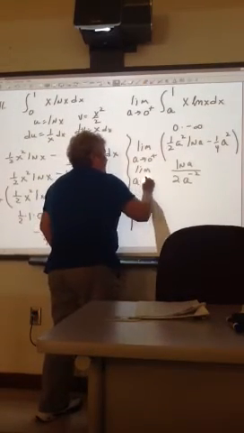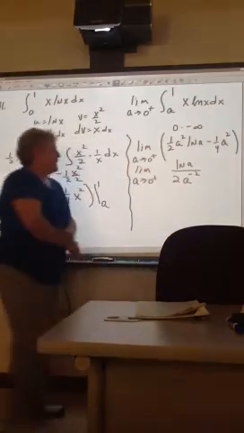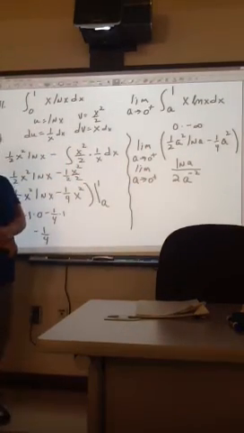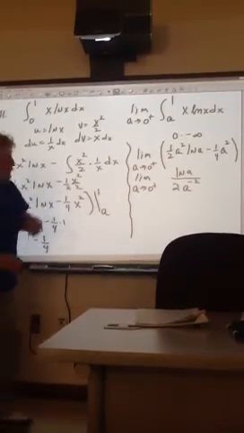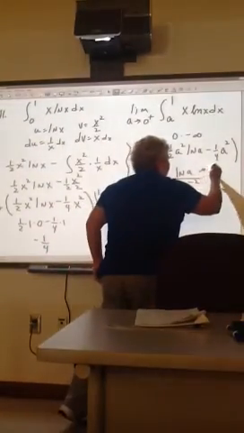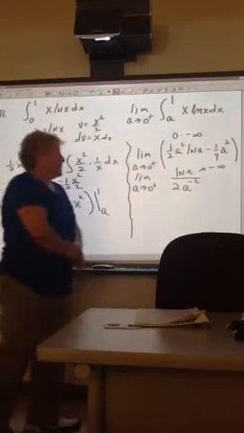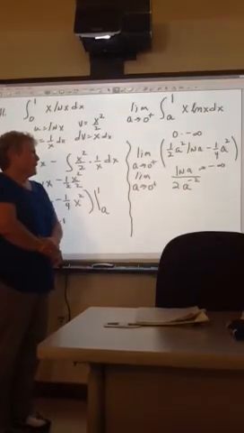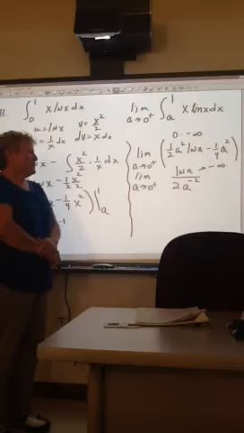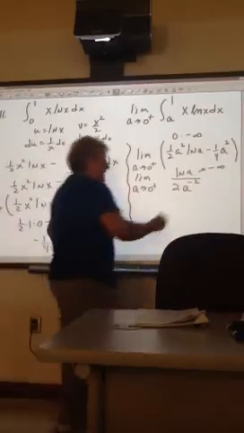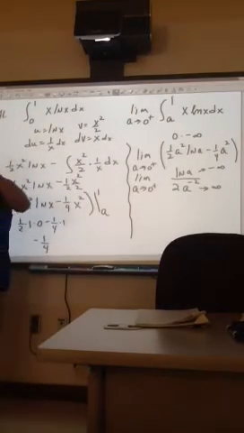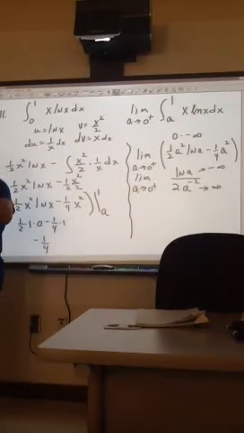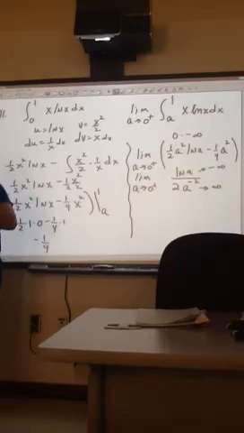So the top goes to negative infinity and the bottom goes to 0 from the right, so 2 over a squared goes to positive infinity. But L'Hopital's doesn't care whether one's positive and one's negative, as long as you get infinity over infinity.